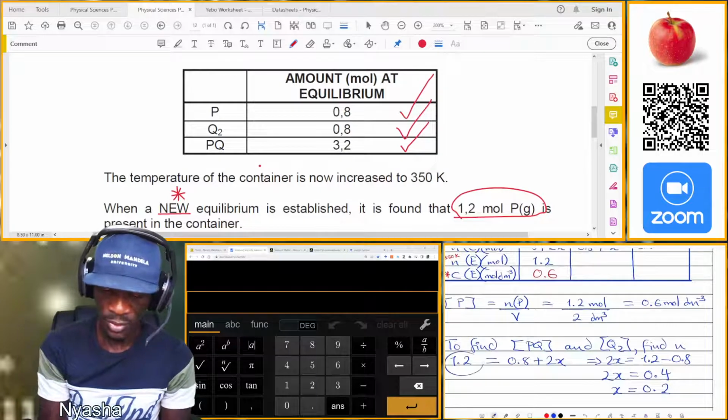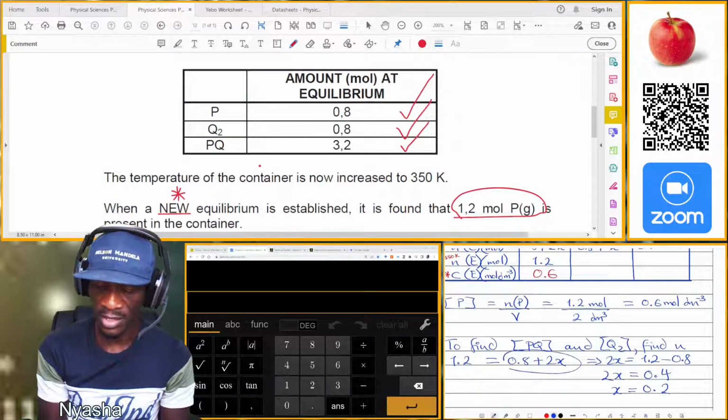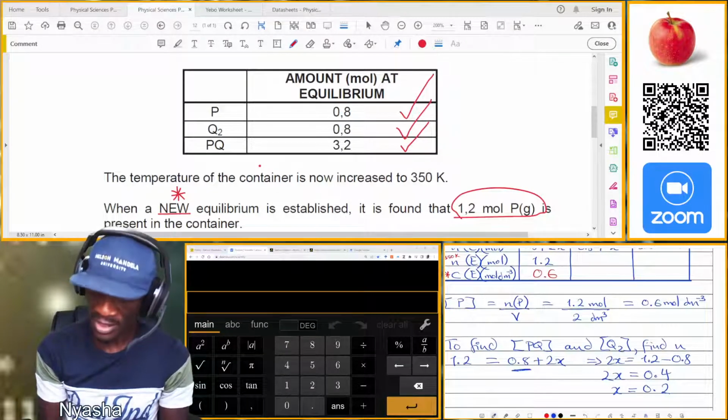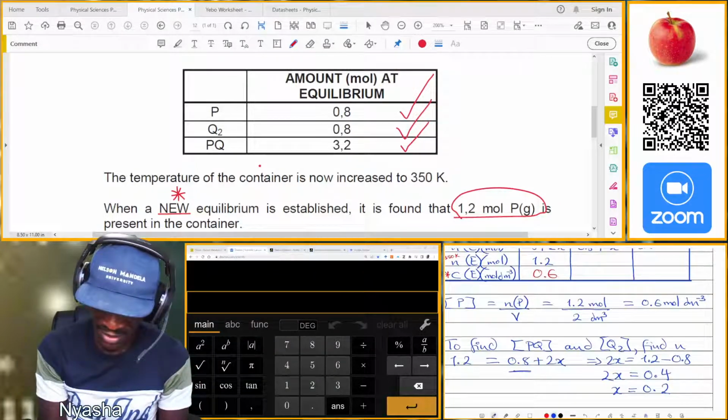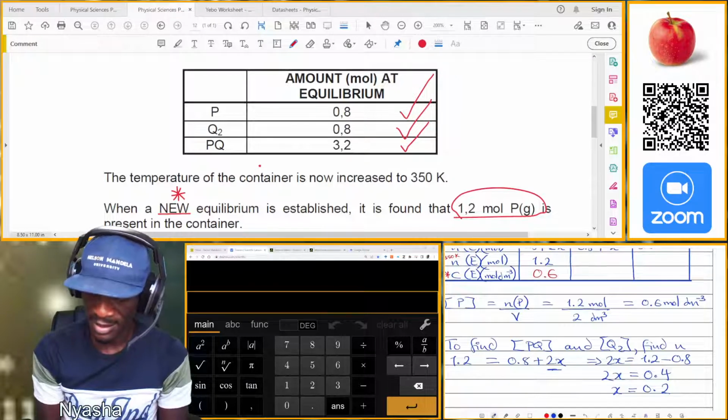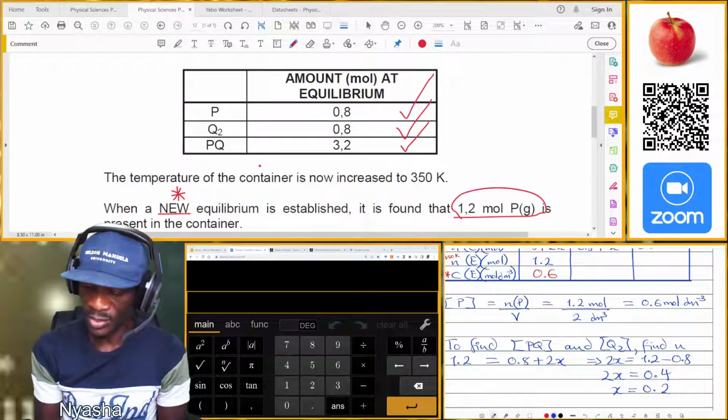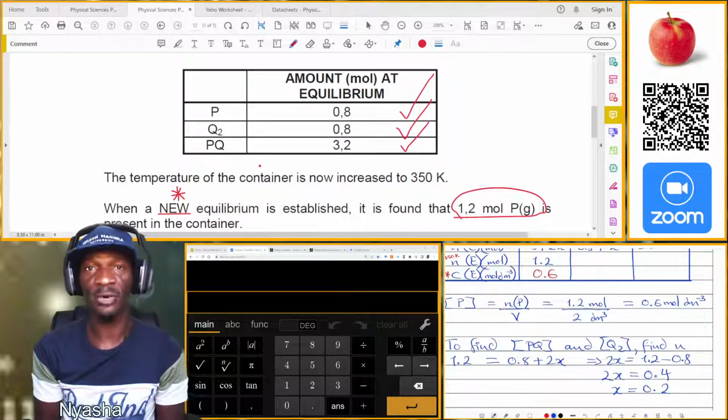So the new number of moles is obviously equal to the sum of the initial number of moles, that's why they said new equilibrium, plus 2x. Then we use our basic algebra to come up with the value of x.